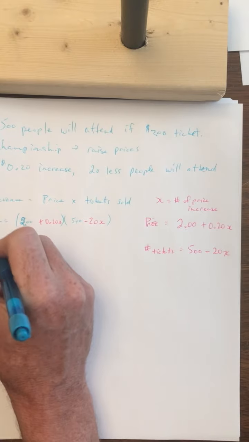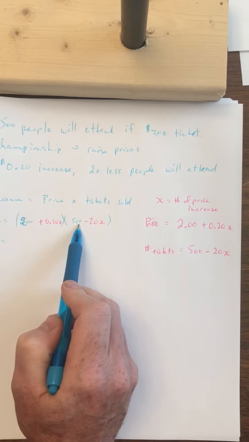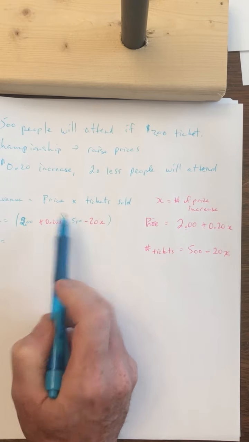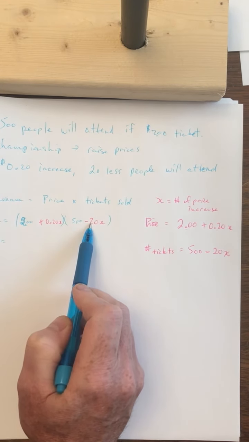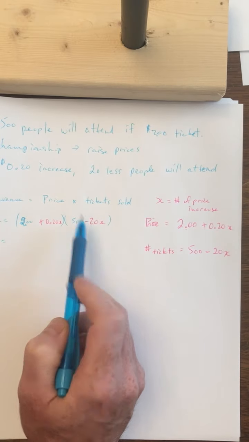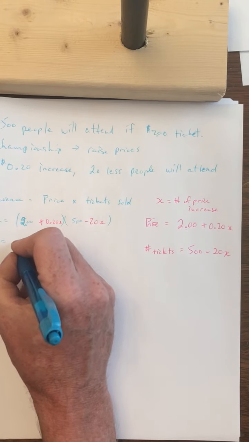So the first thing I'm going to do is FOIL it out. 2 times 500 is 1,000. 2 times negative 20x is negative 40x. And this, I'm going to skip to the answer.